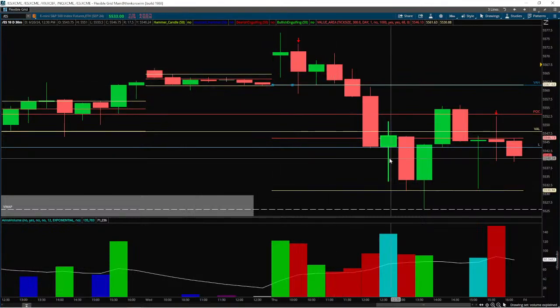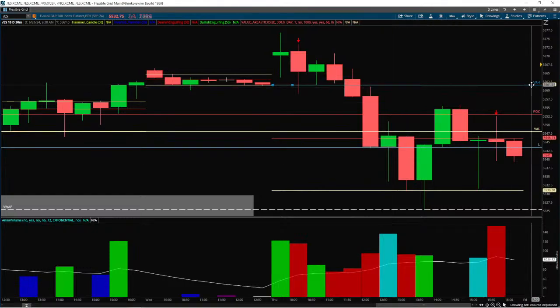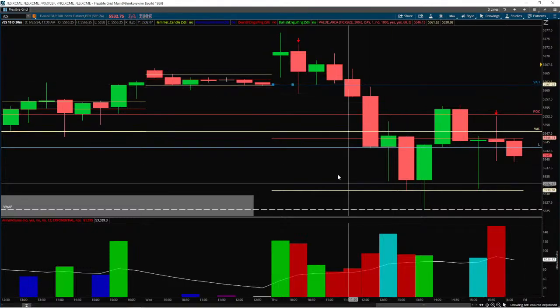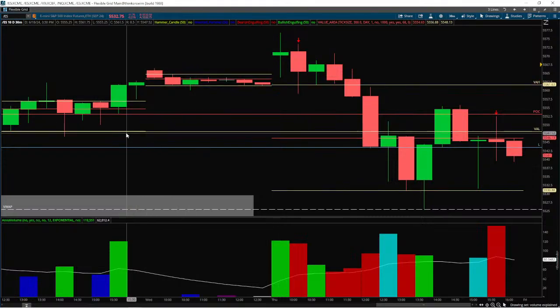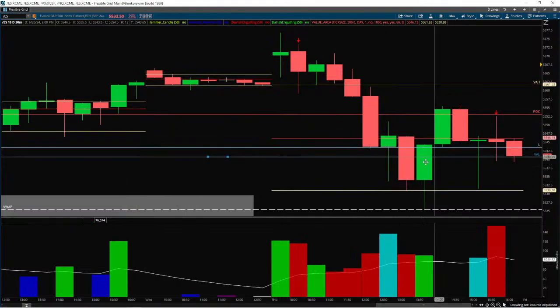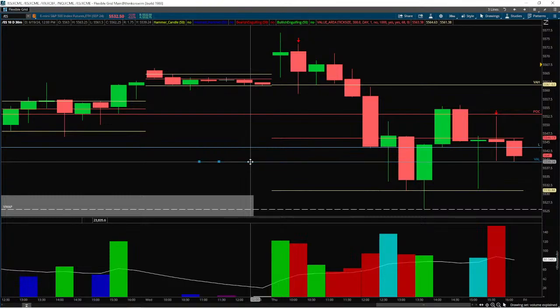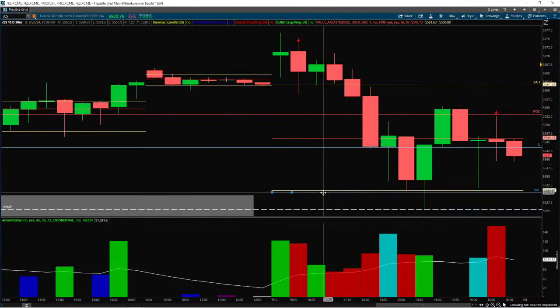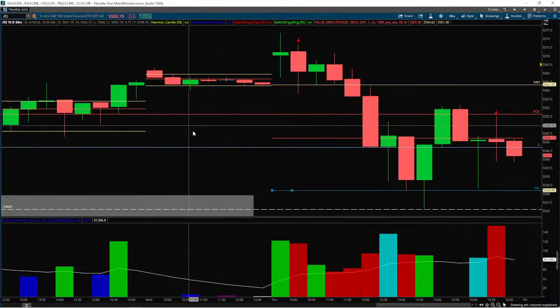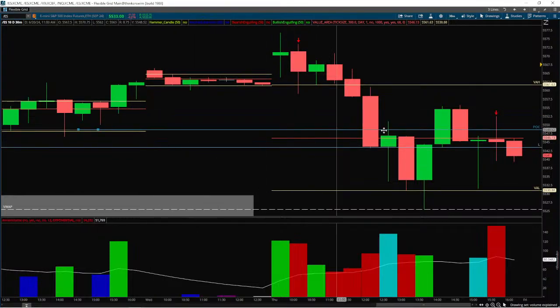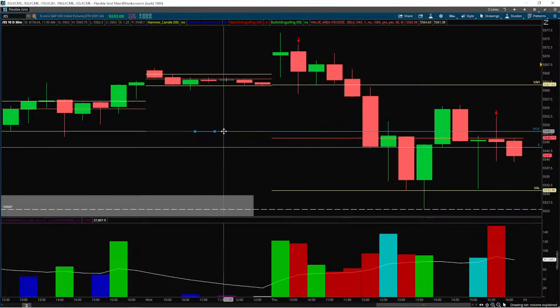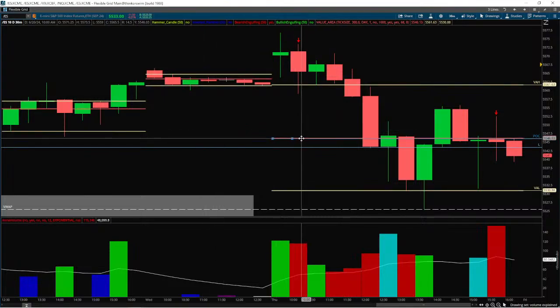So a value area high here, value area low down here, and then we have point of control right over here.